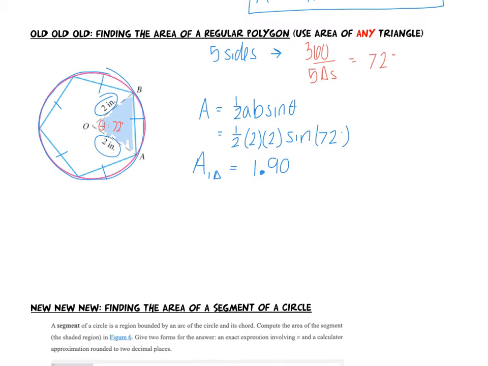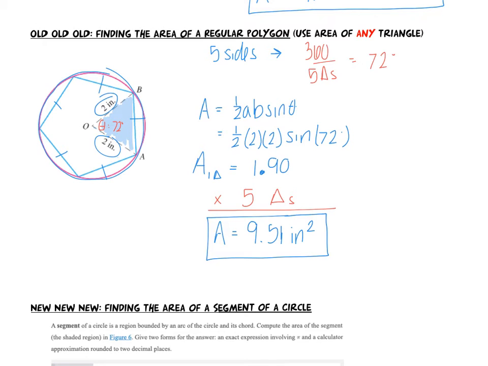So like I mentioned, I'm going to multiply it by 5 triangles, each being 1.9 inches squared to get my total of the whole polygon. So 1.90 times 5 makes the area of the entire shape about 9.51 inches squared.